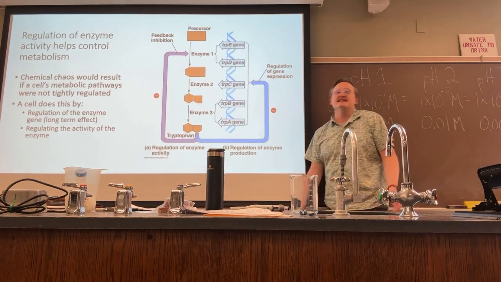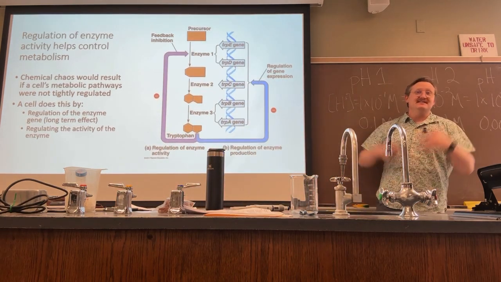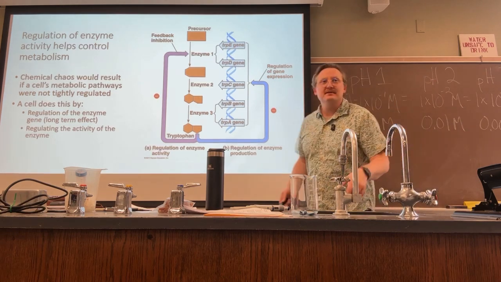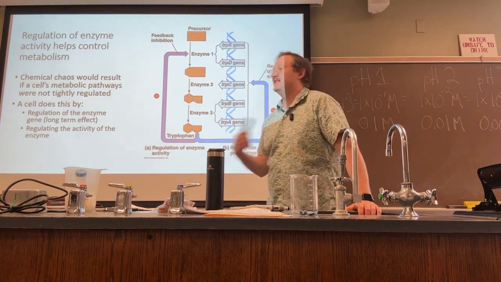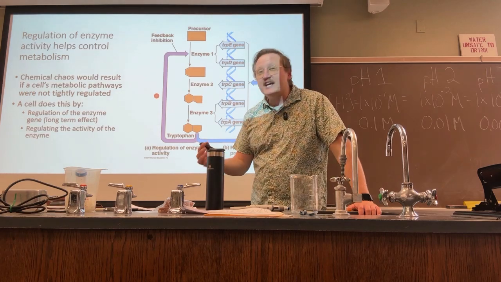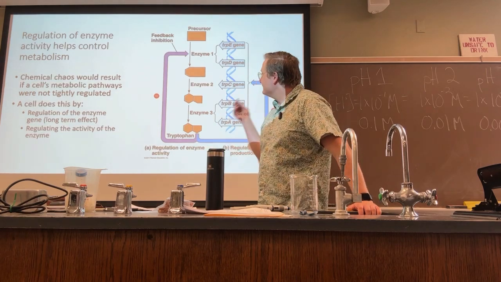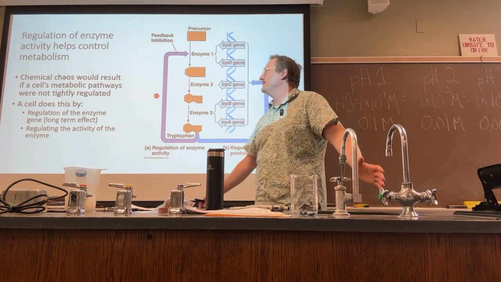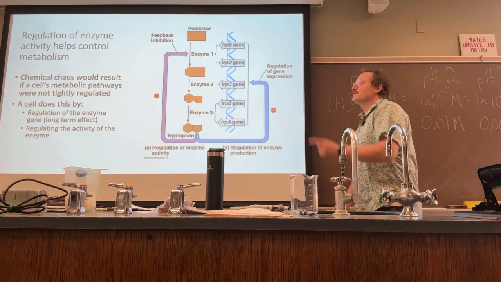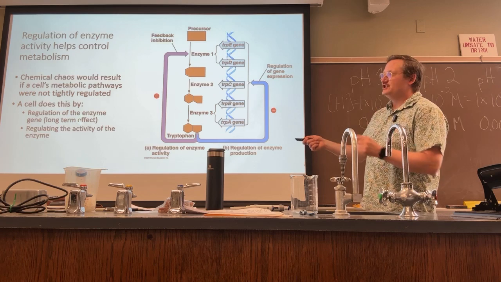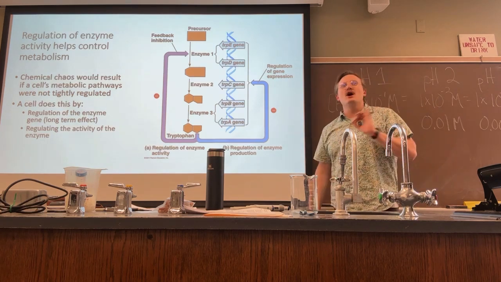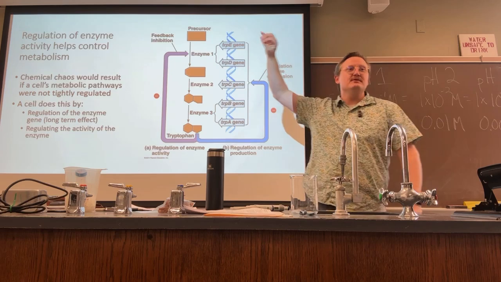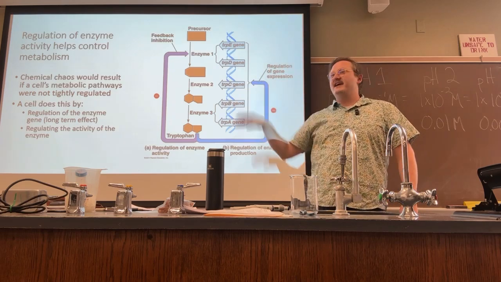And then if you need the enzyme, remember all the cells have the same genetic code in them. So if a cell's changing type, or if a cell's developing and at this stage of development it needs to change what enzymes are present, just activate transcription of the enzyme. Start making the enzyme, okay? So regulating the enzyme gene is a very long-term effect. Because remember, once you've made the enzyme, it's going to do its thing until it eventually breaks down.